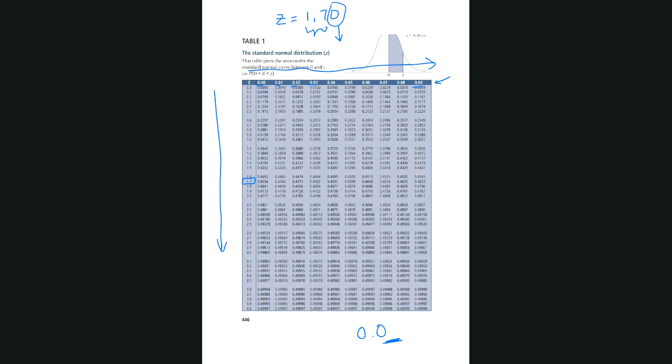So it's 0, since it is 0 here, which means that this is what you're looking for. So in line with 1.7 and 0.00, your value is 0.4554. So this is the probability that you have now determined from Table 1 of your appendix.